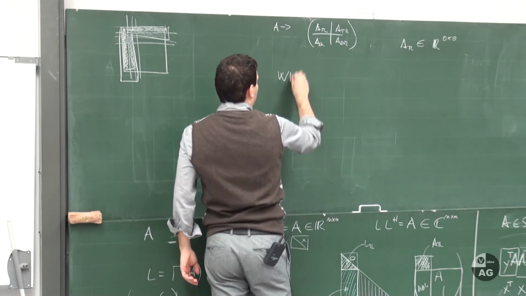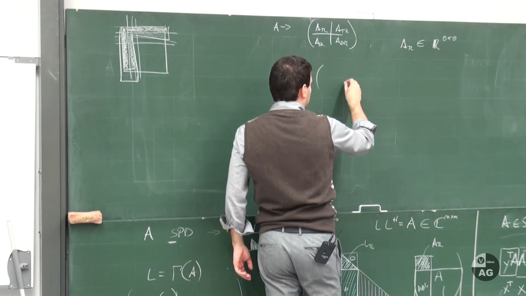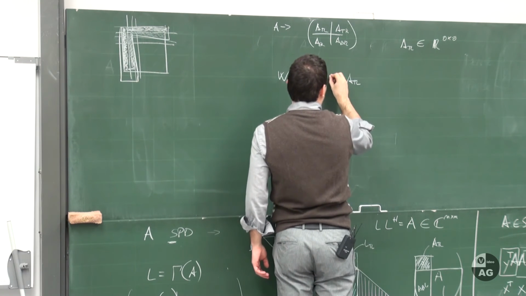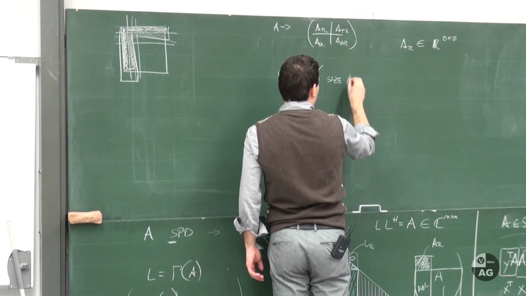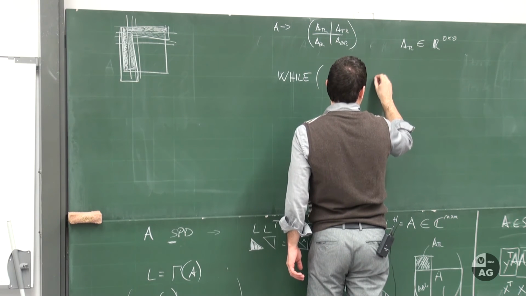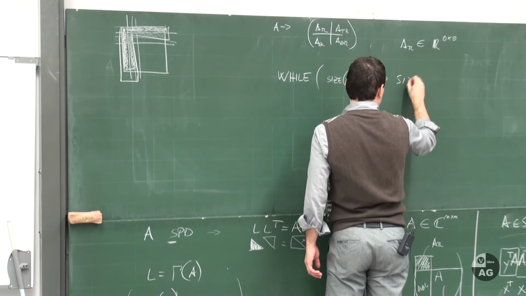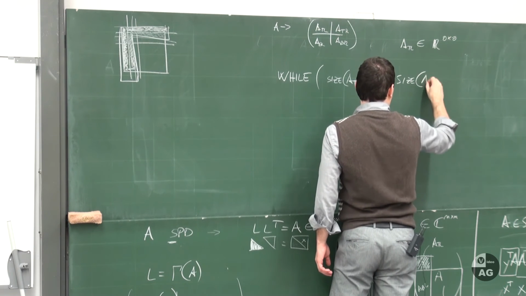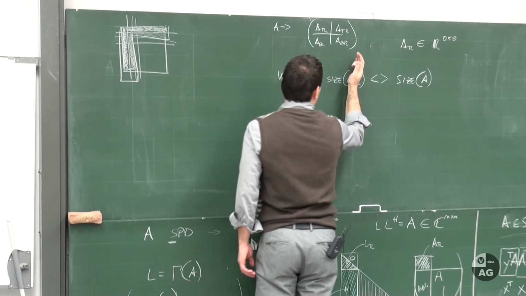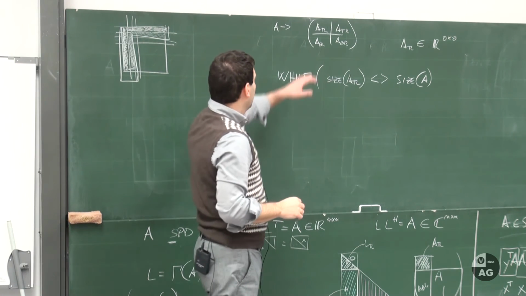Then we have a while loop that says, okay, please continue until A top left is not equal to size of A. I am skipping steps.